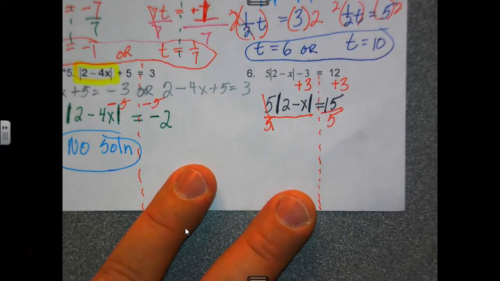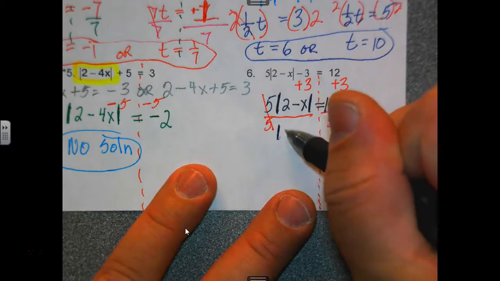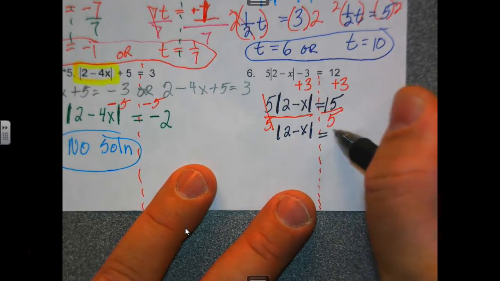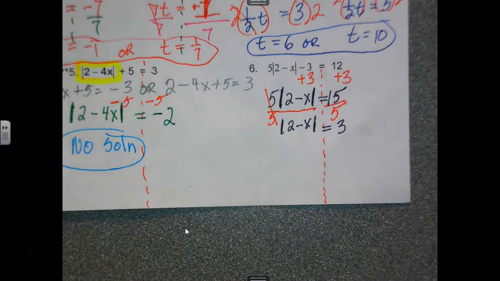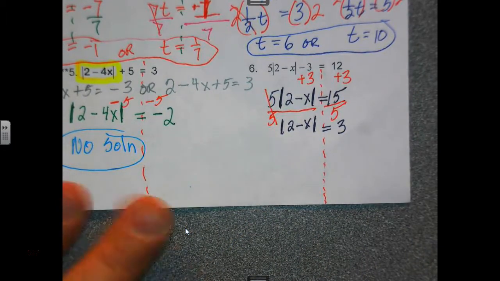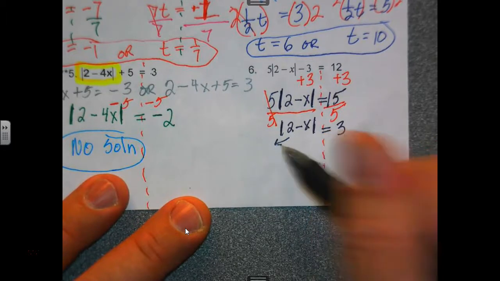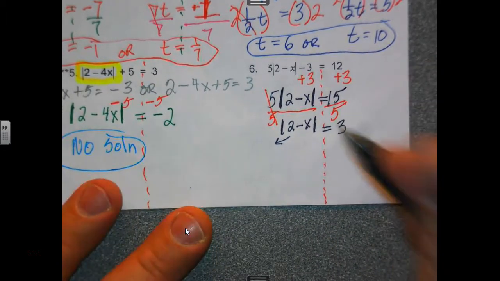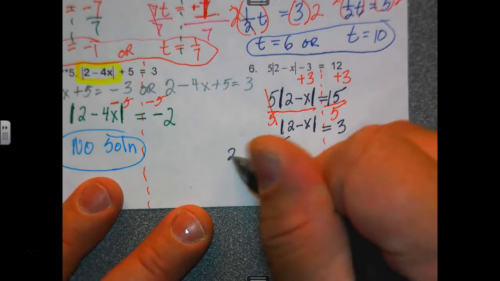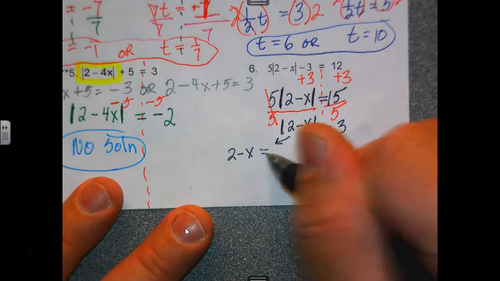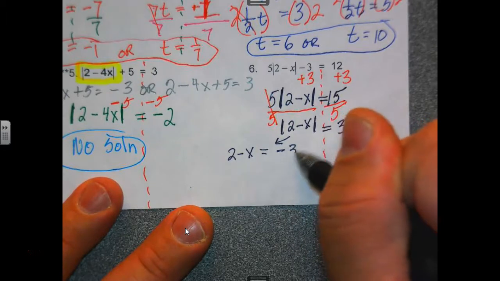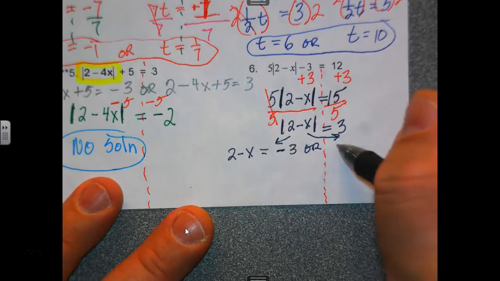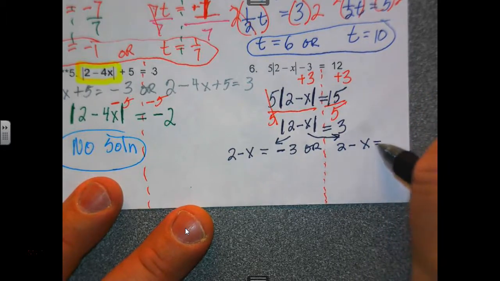So now I finally get 2 minus x equals 3. Now I'm going to split it up. And you don't have to put the arrows there or anything. That's just, I like putting arrows. So I get 2 minus x equals the opposite of what's there, or 2 minus x equals what's there.